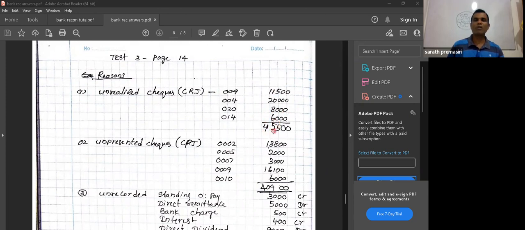The total is 45,500 total unrealized checks. Write them, please.